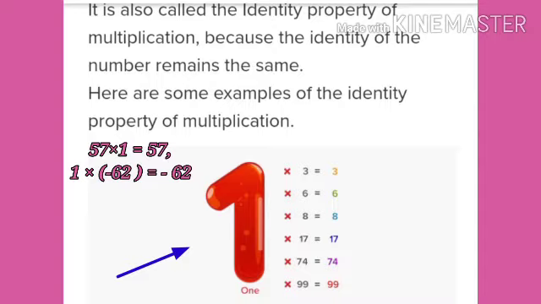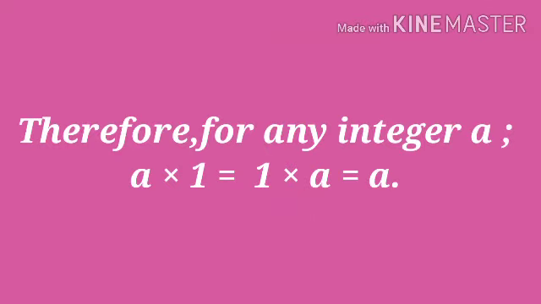For example, 57 into 1 is equal to 57 and 1 into minus 62 is equal to minus 62. We say that integer 1 is the identity for multiplication of integers, or multiplicative identity. Therefore, for any integer a, a into 1 is equal to 1 into a is equal to a.